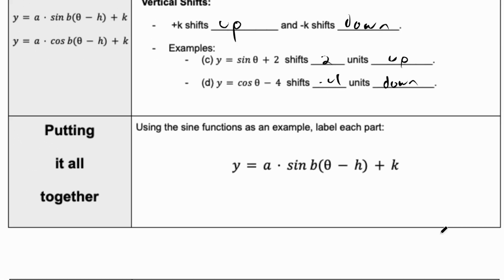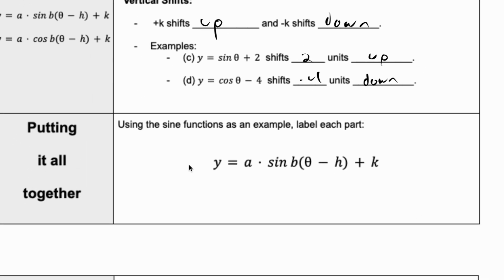Okay, so here, let's put it all together. This is going to be our amplitude. This is going to relate to our period, which is essentially going to allow us to horizontally compress and stretch our function.